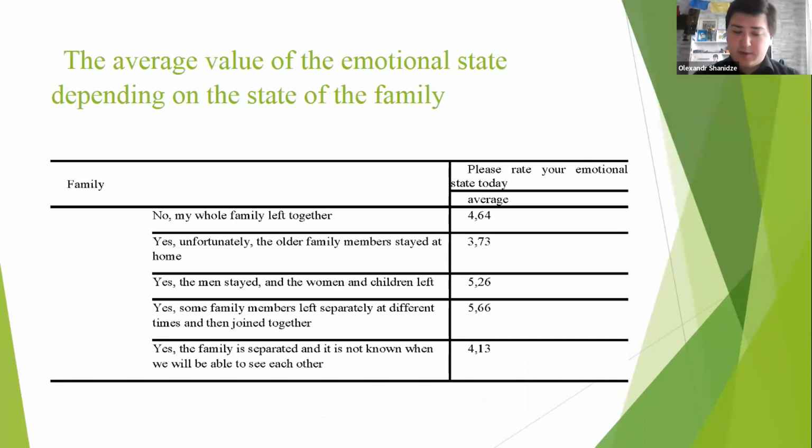The average value of the emotional state was determined by us in the form of a correlation with the above question by estimating the average value. The slide shows data on the assessment of the emotional state of forcibly displaced persons, which in our opinion was directly affected by the circumstances of evacuation and separation from families.